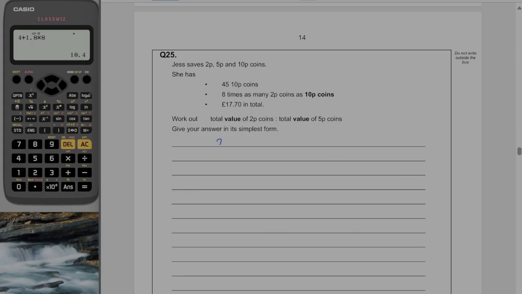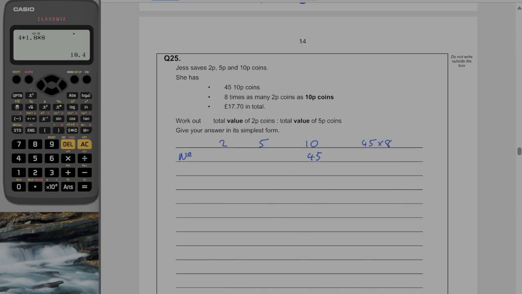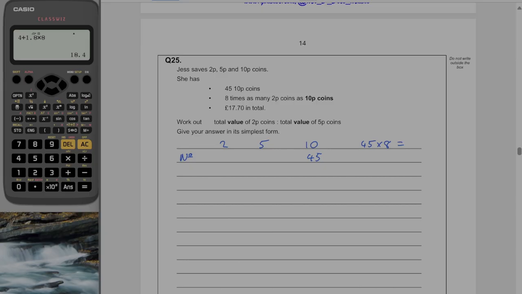Okay, so if we look at the numbers first of all, and then we'll do the values in a second. We know that there are 45 10p coins. We know there are 8 times as many 2p coins as there are 10p coins. So we do 45 times by 8.